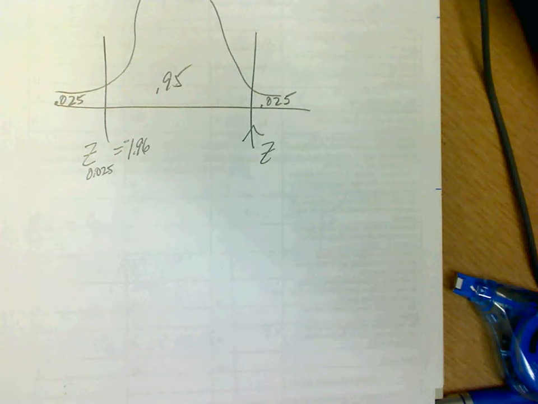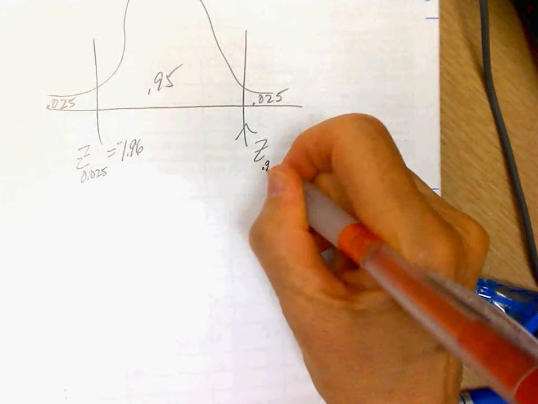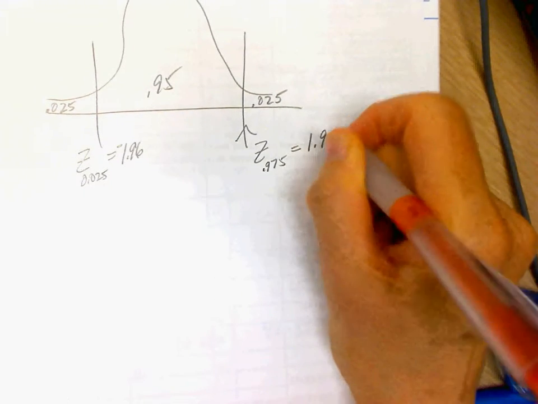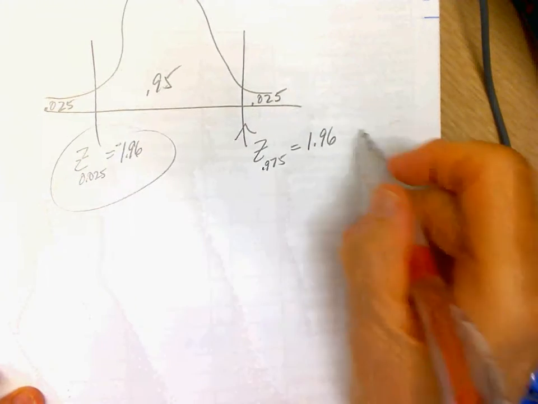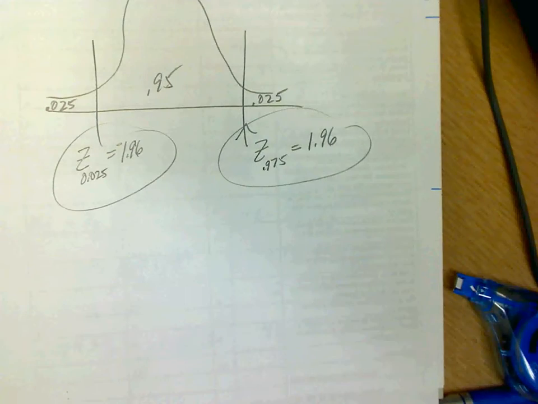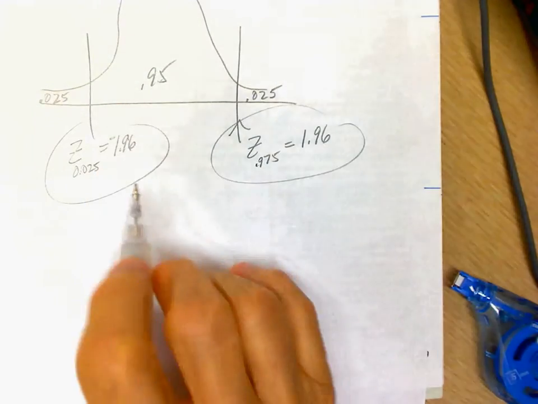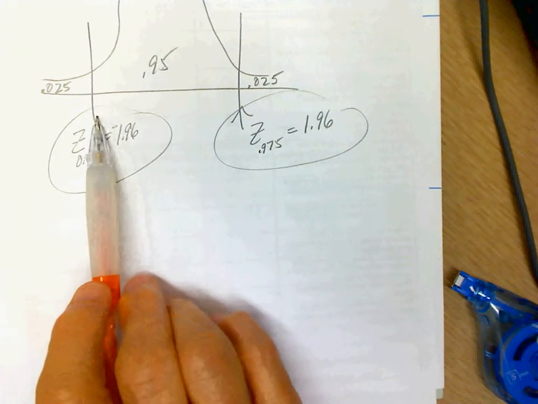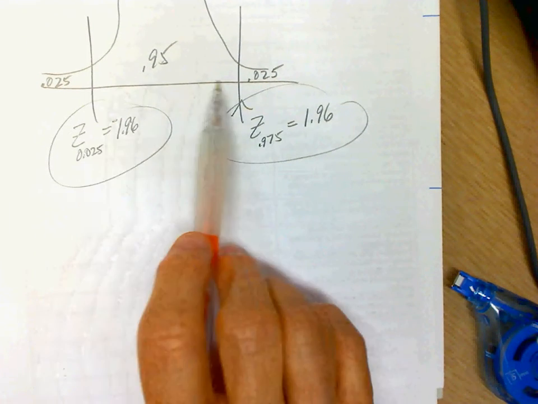So that's why we're using those Z scores. If this is our interval, we're 95% confident that the true mean or proportion lies between here and here, then this is the Z score we use. Okay, that's how it ties in together.